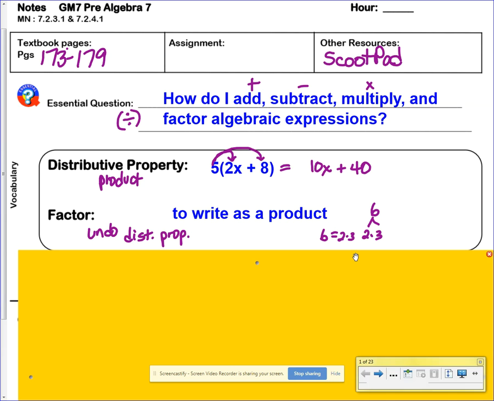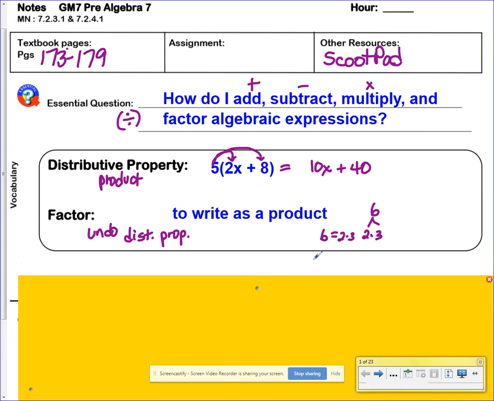Well, now we're going to take it one step further, and we're going to do it with an algebraic expression like this. Let's say I had something like 6x plus 14. Okay, now right now I can't combine those two together, so it's just sitting there, two different terms, 6x and 14.